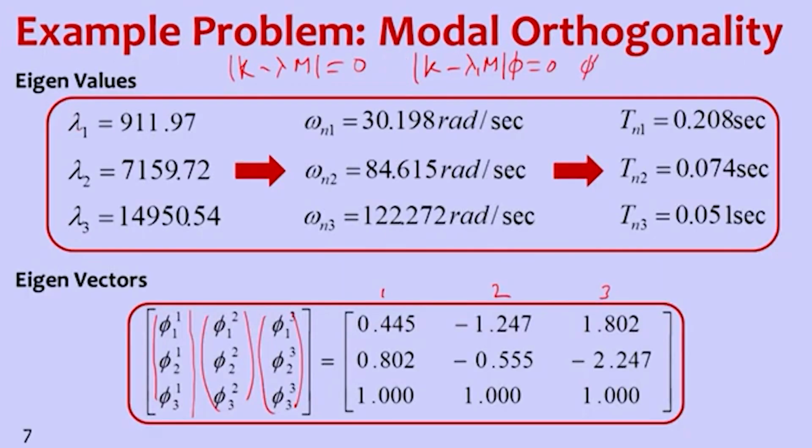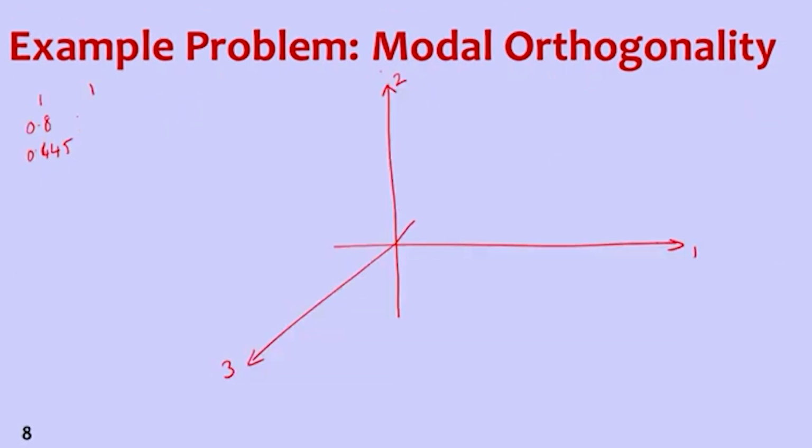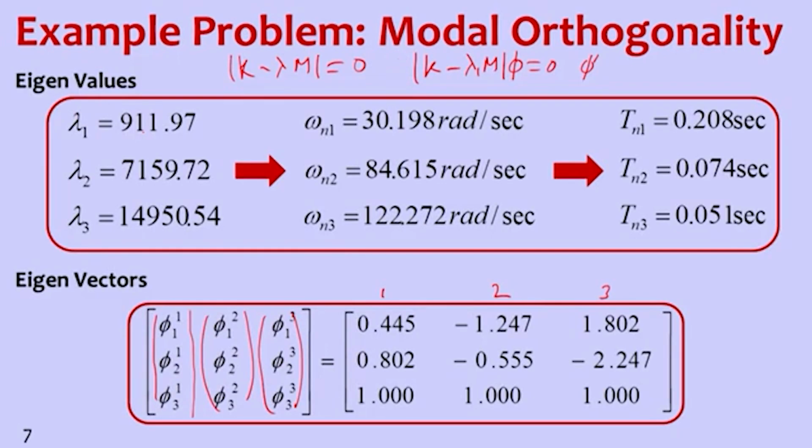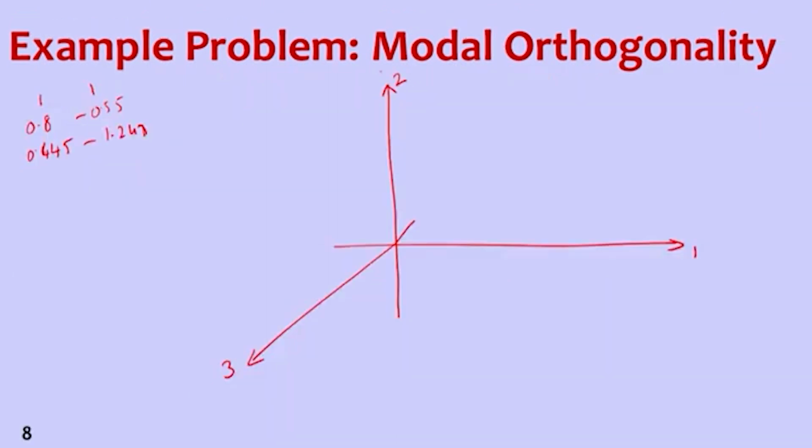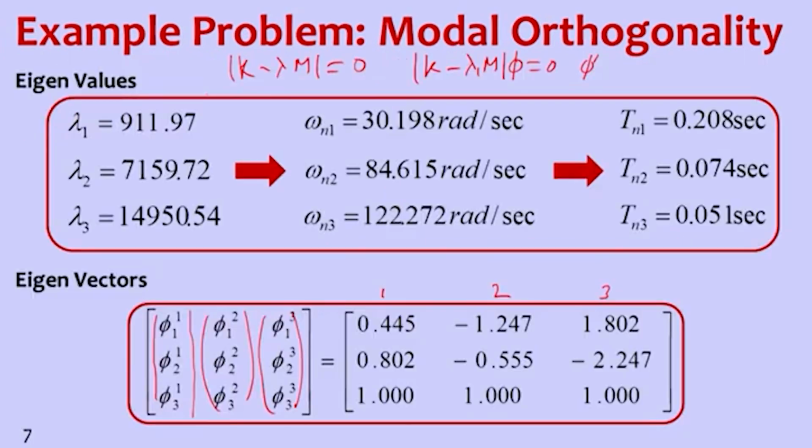Second mode is 1, minus 0.55, minus 1.247. Let's take the third mode also: 1, minus 2.24, plus 1.8.